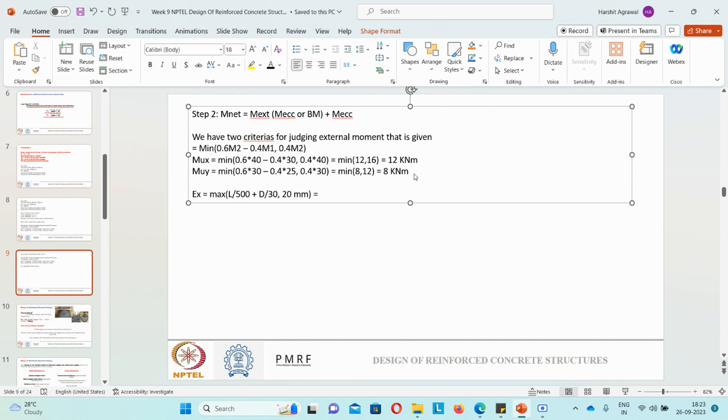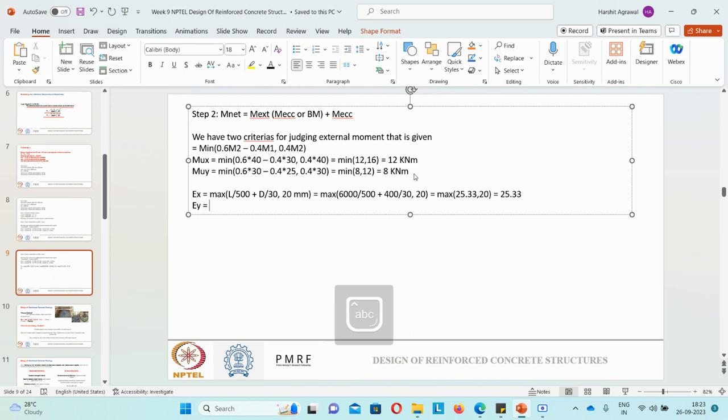Along the x direction, this will come out to be the maximum of 6000 divided by 500 plus 400 divided by 30, or 20. So this will be the maximum of 25.33 comma 20, so we will have 25.33 mm as the eccentricity along the x direction.